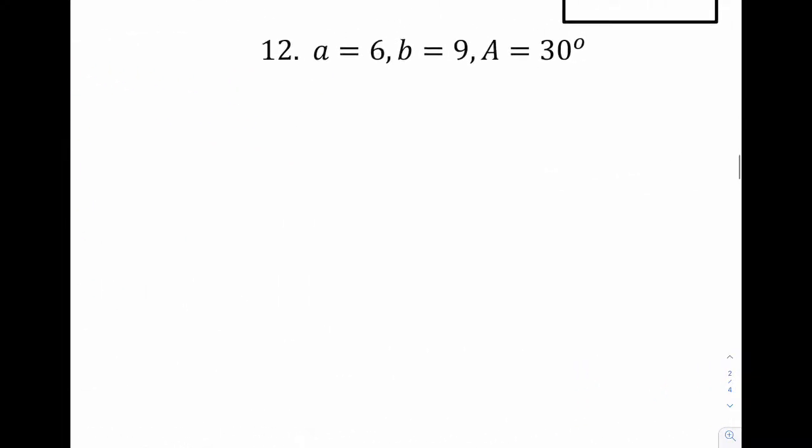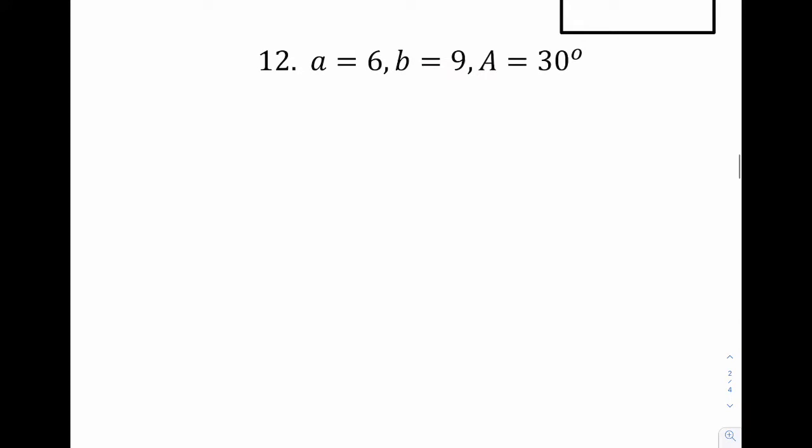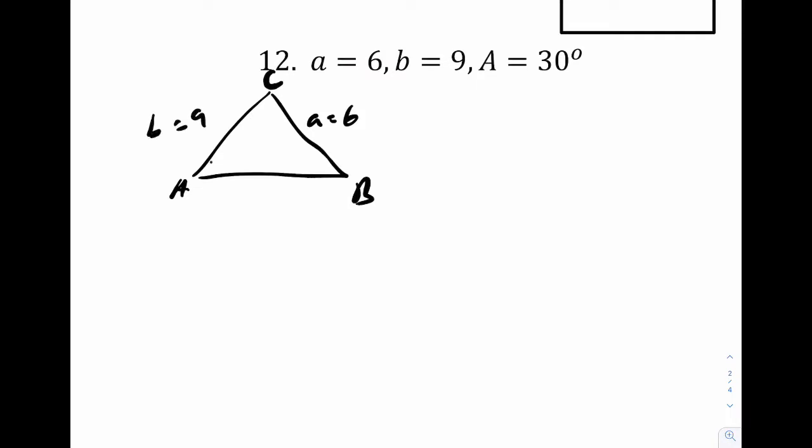Now here's the last one. So we're expecting 2 triangles here, so let's really see how that works. A, B, C. A is 6. This is 9. 30. Let's drop the height in. So again, step number 1, find the height.